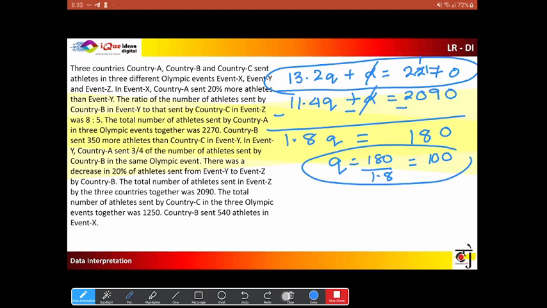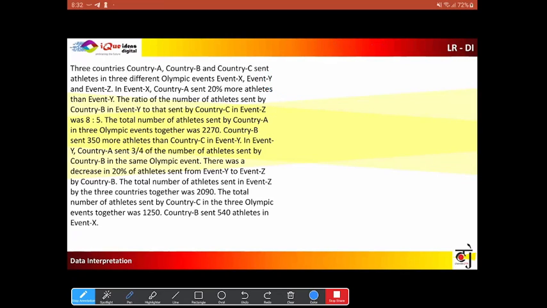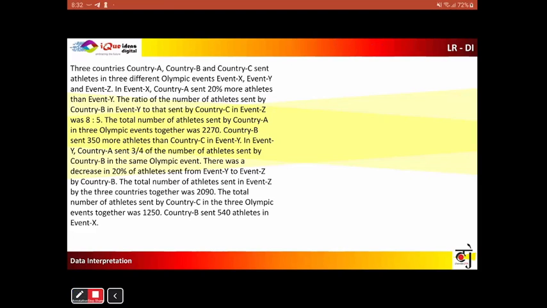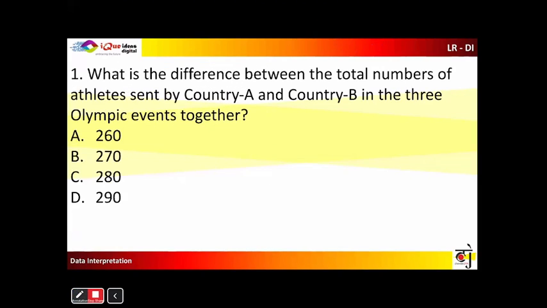Got it. Okay. So if you have understood, did everybody understand how to solve the entire set? Yes. Then answering the question should be an easy cakewalk. First one, what is the difference between the total number of athletes sent by country A and country B in the 3 Olympic events together?